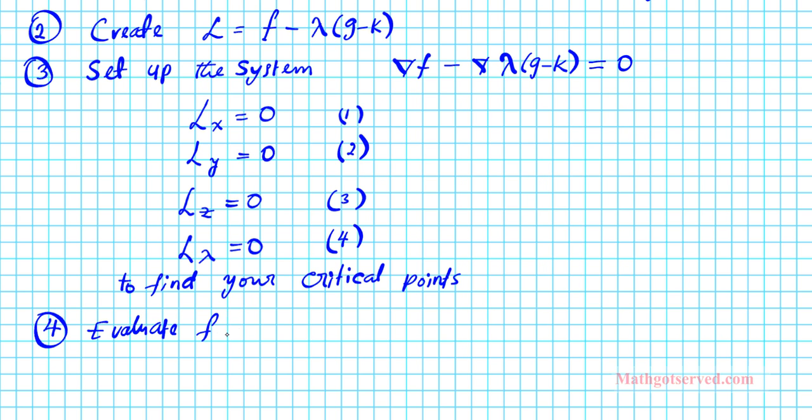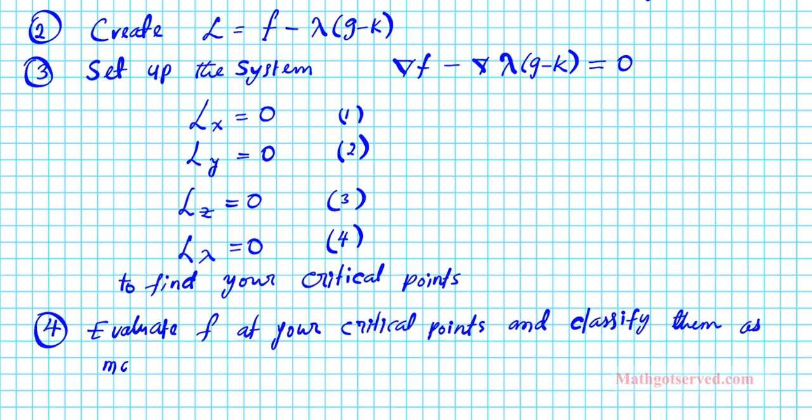So evaluate f at your critical points and classify them accordingly, as max or min. That's what we're going to be doing in the example I'll be going over today.